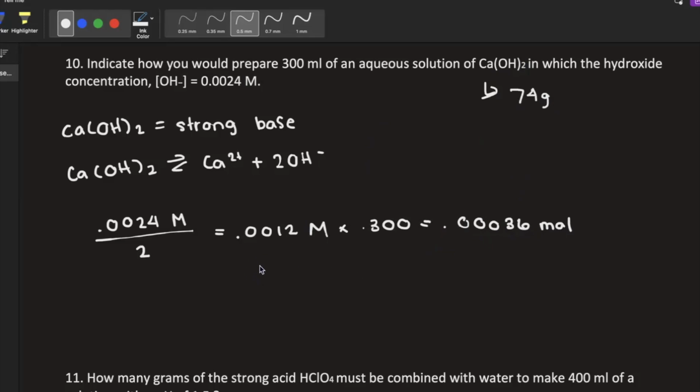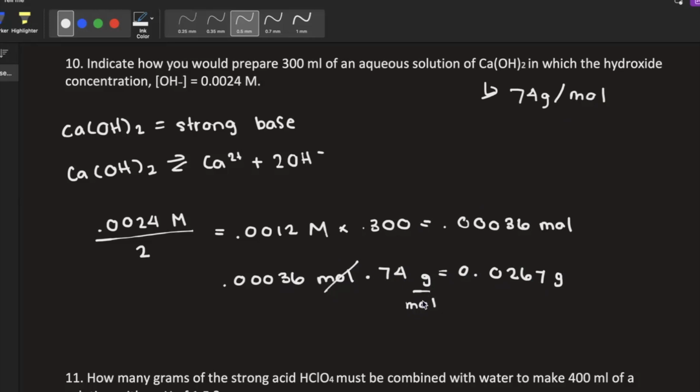To do this, we multiply the moles times the grams, and that will give us, sorry, 74 grams per mole. So these two cancel out, leaving us with only grams, to give us an answer of 0.0267 grams.